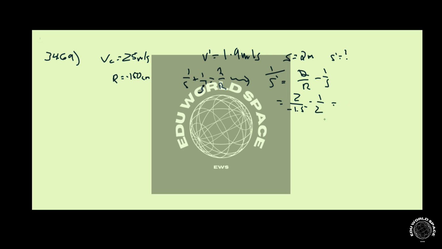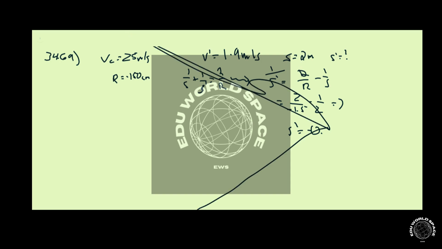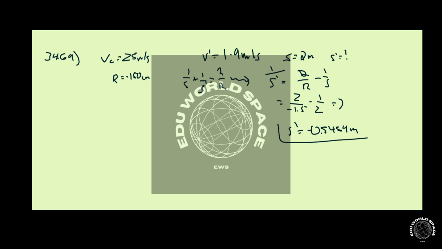And this should equal s prime of negative 0.5454 meters. There we go. So this is what the image distance is when the truck is actually 2 meters behind the mirror.